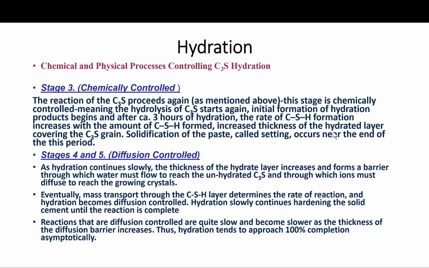In stage 5, eventually mass transport through the calcium silicate hydrate layer determines the rate of reaction, and hydration becomes diffusion controlled completely. The hydration slowly continues, hardening the solid cement until the reaction is complete. One thing to remember, reactions that are diffusion controlled are quite slow and become slower as the thickness of the diffusion barrier increases. So hydration tends to approach 100% completion asymptotically without seeing changes.